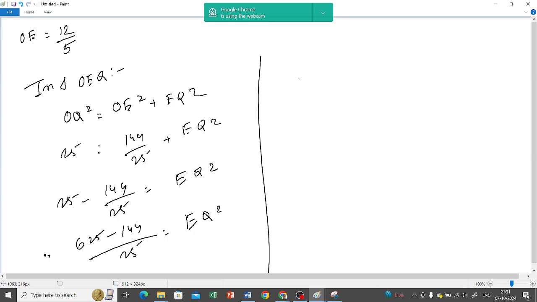Right? So now I can easily find it. So this is going to be 481/25. That is going to be EQ.